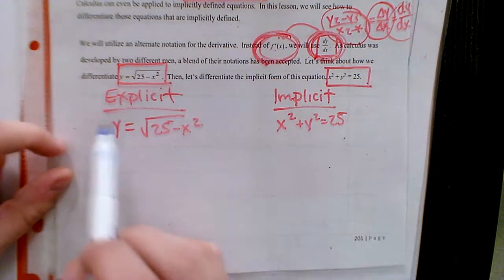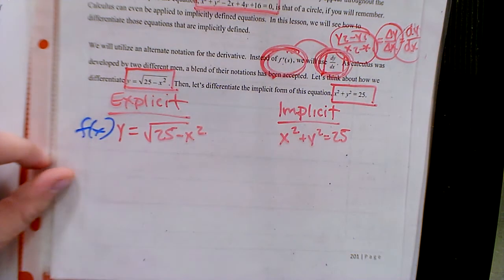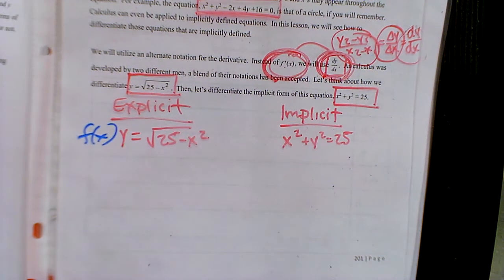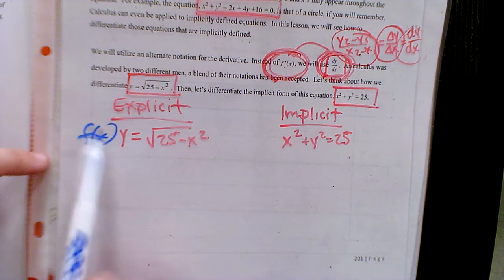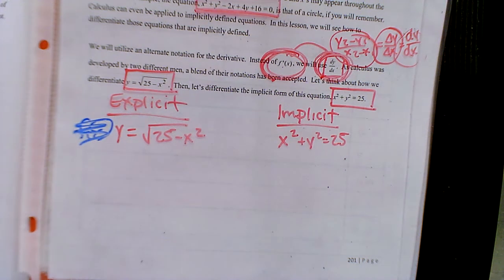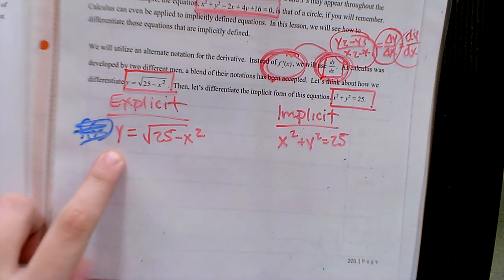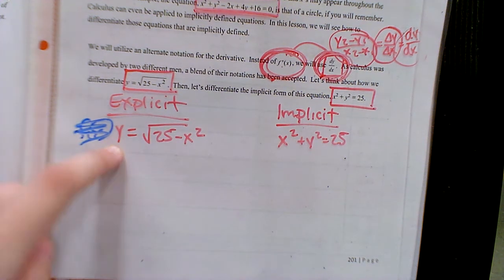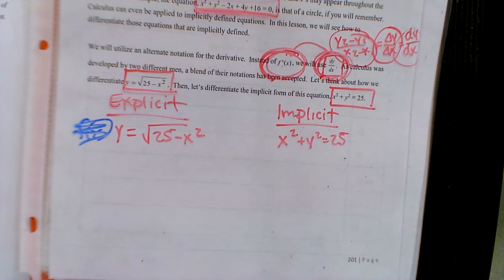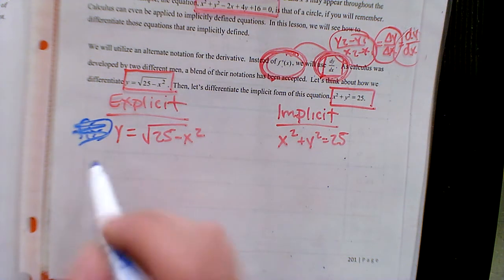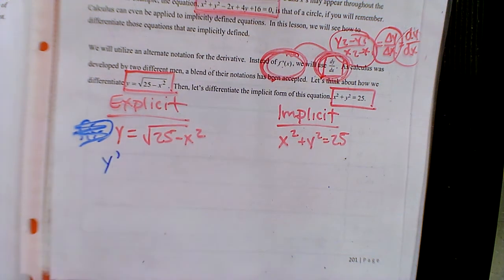But notice how this isn't labeled f of x equals. Even though f of x and y are the same thing, this says y equals. So in terms of notation, we're not going to say f prime. What symbol or notation can we use to represent the derivative of y? Y prime. You could use y prime. I think you saw that on the unit test perhaps.